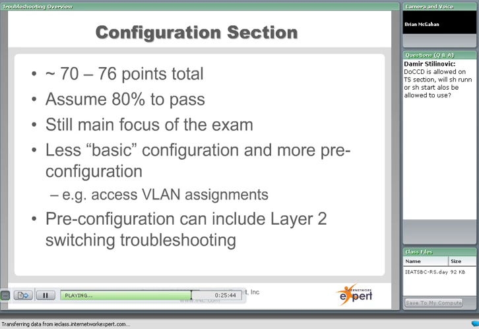As we know from our basic layered approach, if layer 1 and layer 2 are not functioning properly in the network, then everything layer 3 and above is going to be non-functional. So if our VLAN assignments aren't right, if our trunking is not correct, then there's no point in doing OSPF routing or BGP routing, because this is definitely going to be dependent on the underlying layer 2 topology.